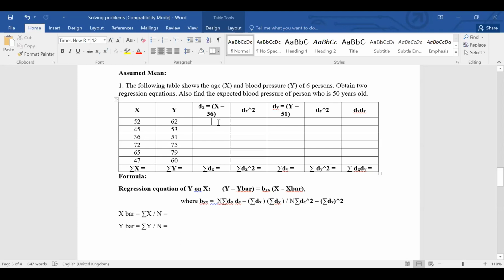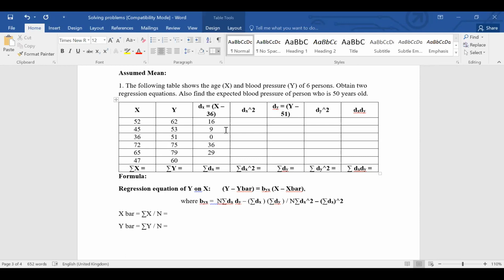Okay, now tell me 52 minus 36, how much? Anyone can unmute and tell me one by one so that we can go ahead fast. I don't need the chat box because it will take time. Okay, next. 45 minus 36, 9, right? And 36 minus 36 will be 0. 72 minus 36 will be 36. And 65 minus 36? 29.